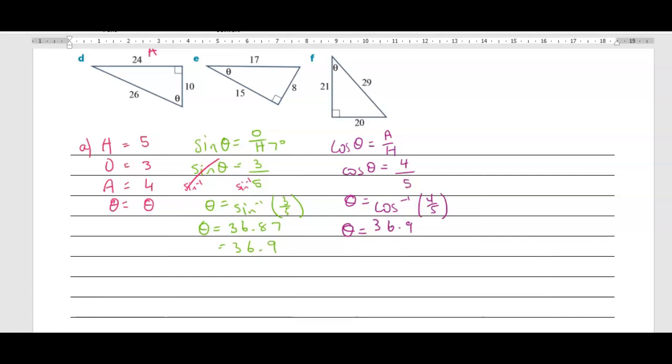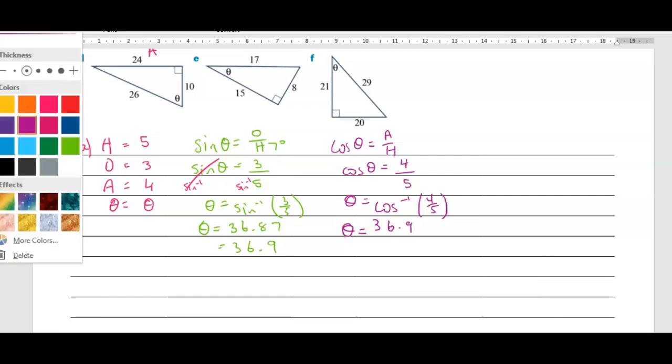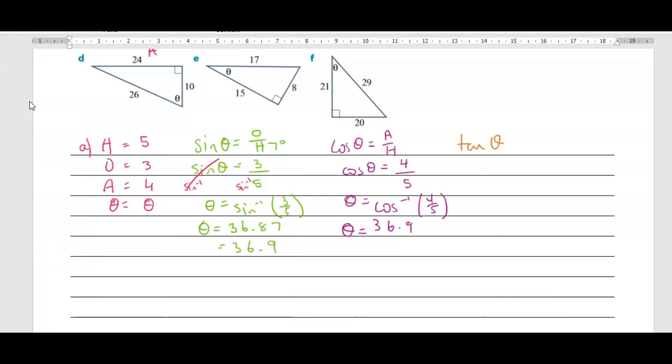We're still finding this, it's kind of like x. Do you trust that the next one's going to be the same? So tan theta is opposite over adjacent. Tan theta, opposite side is 3 over 4. So theta equals inverse tan of 3 over 4.